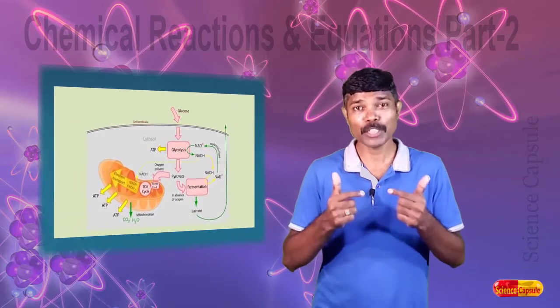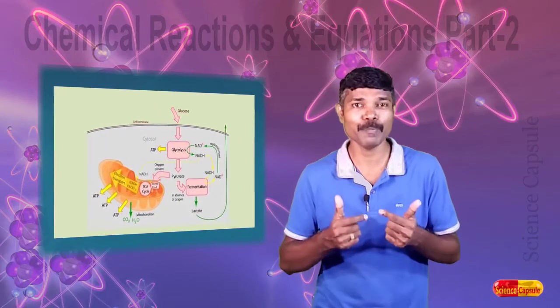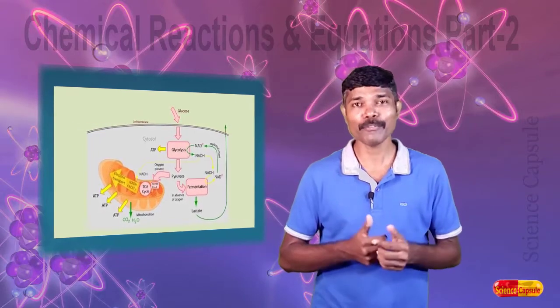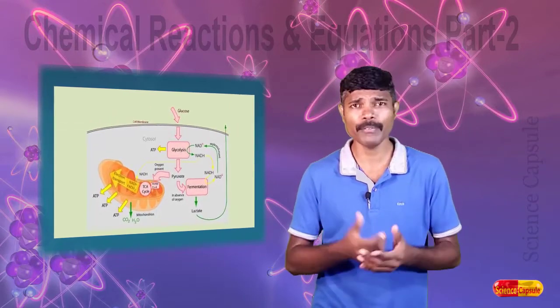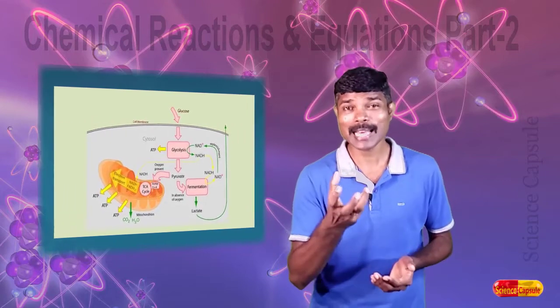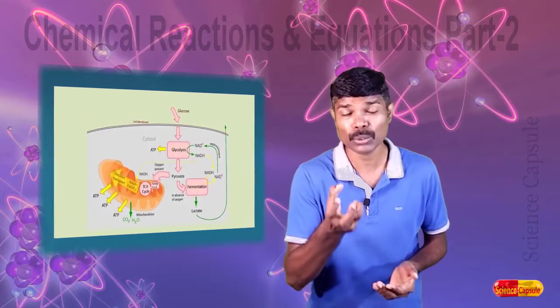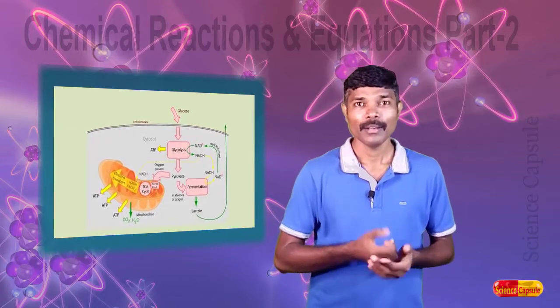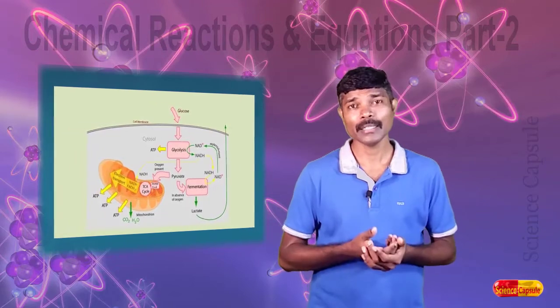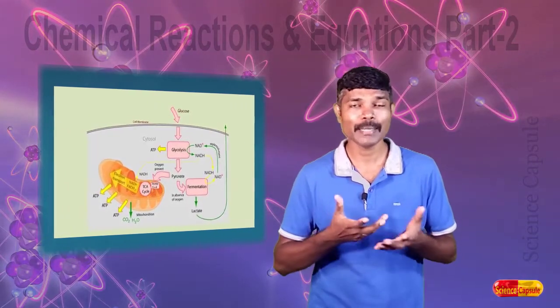As a result of this biochemical reaction called respiration, heat is given out. So this is the indication for a biochemical reaction, or simply we can say that a chemical change is taking place. As a result of this chemical change, called respiration, heat is given out. So we can say that a chemical reaction may be followed by change in temperature.